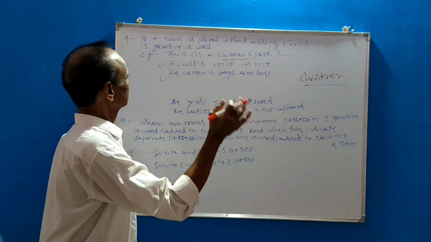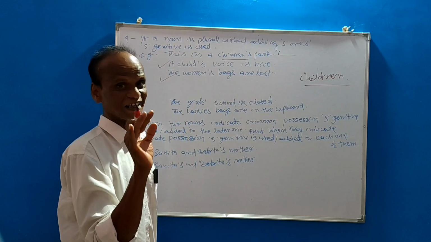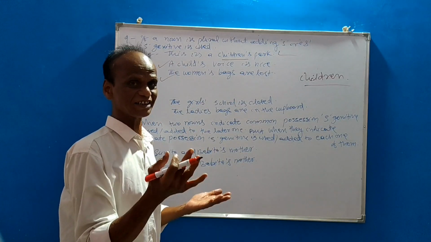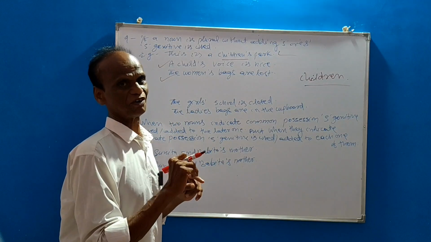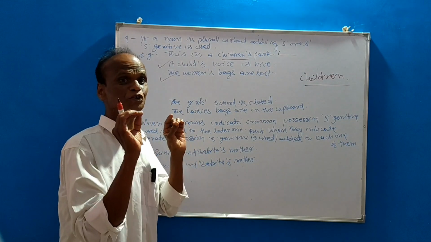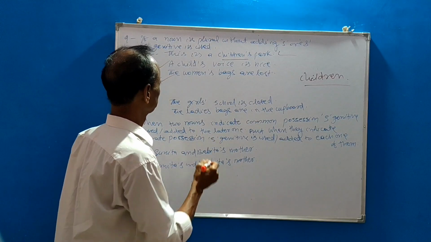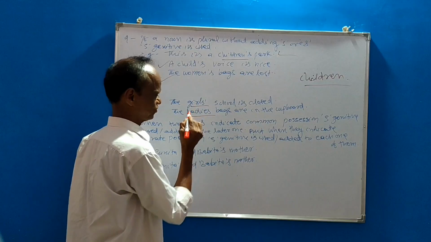Okay. But the question is, when S or ES is added at the end of the noun, at that time only an apostrophe is used. Suppose the girls' school is closed. Girls, ladies.